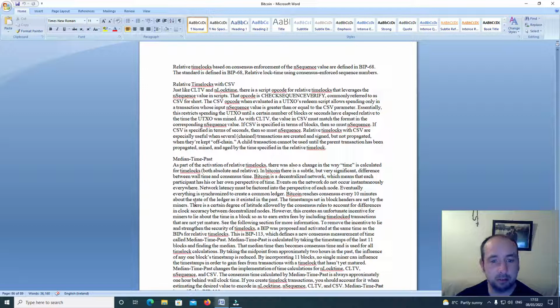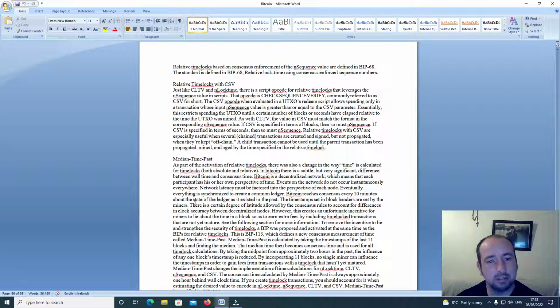Relative time locks with CSV. Just like CLTV and nLockTime, there is a script opcode for relative time locks that leverages the nSequence value in scripts. That opcode is CHECKSEQUENCEVERIFY, commonly referred to as CSV for short.